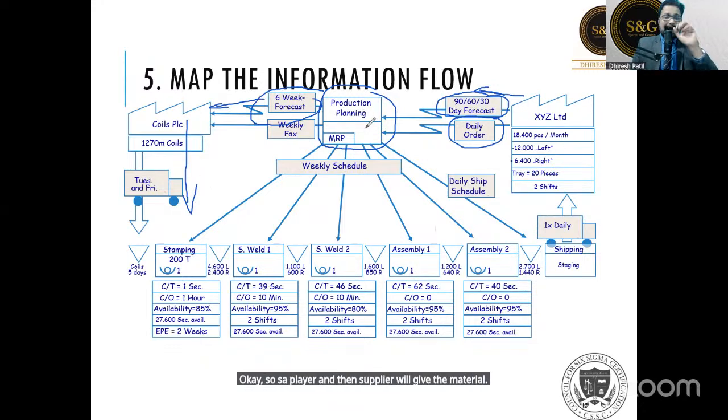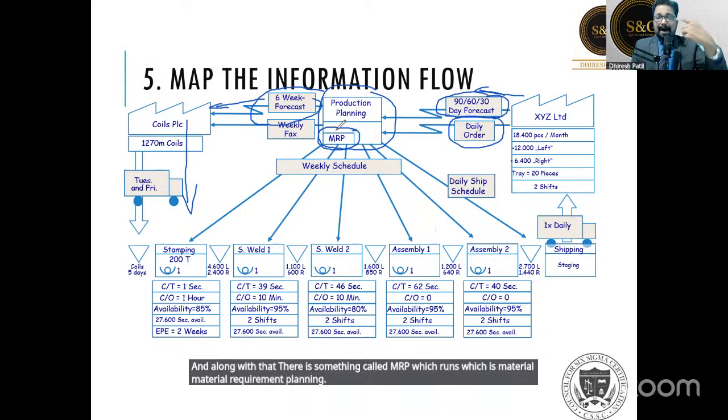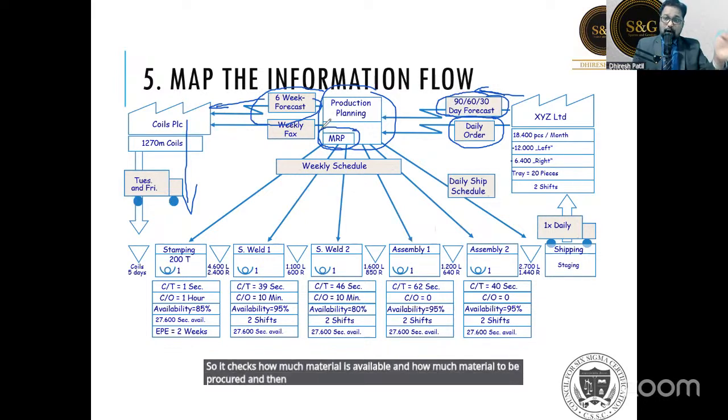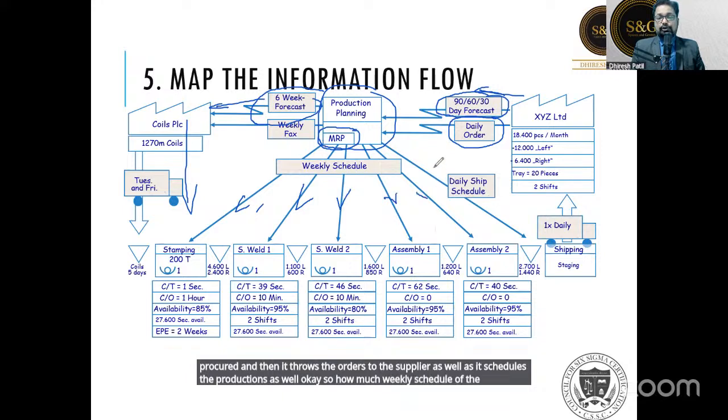Along with that, there is something called MRP, which is material requirement planning. This is a system which runs. It checks how much material is available and how much material is to be procured, and then it throws the orders to the supplier, as well as schedules the production.